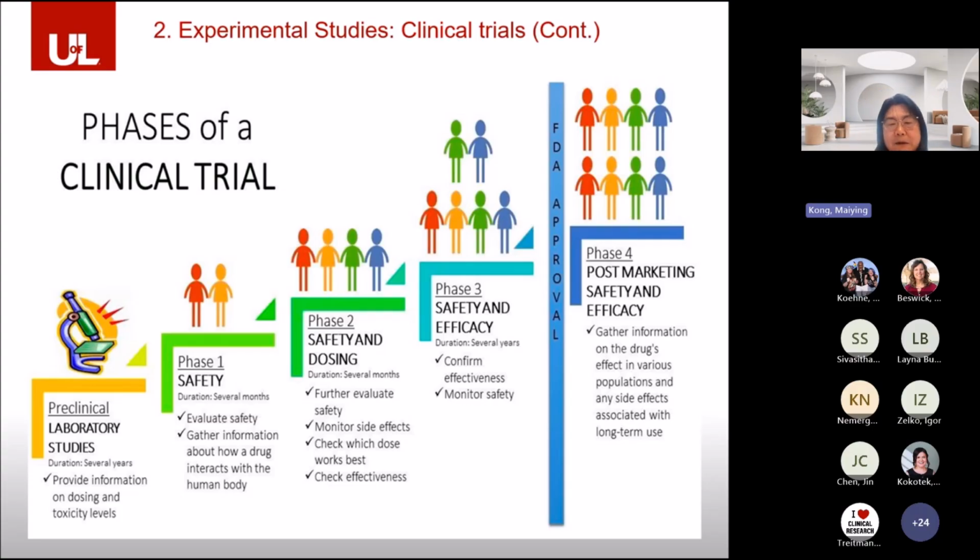Our institute, like Brown Council, does participate in a lot of phase 3 studies, and also phase 1 and phase 2. But research-initiated clinical trials usually involve phase 1 and phase 2. So I will spend a little bit of time on phase 1 and phase 2 study design.